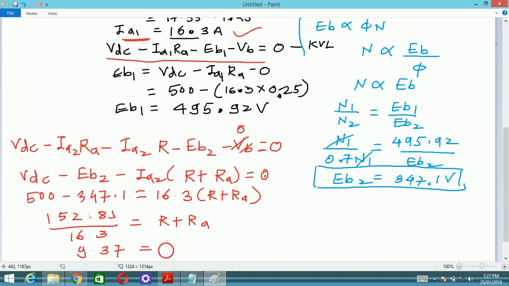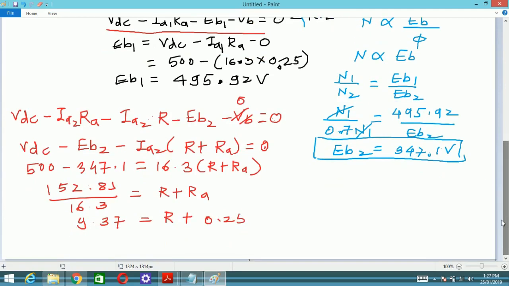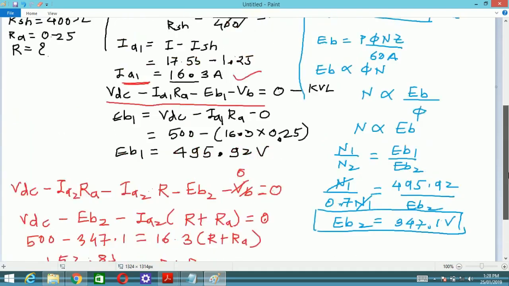Now RA is given as 0.25 ohm. If I perform the subtraction, I get the inserted resistance R equal to 9.1212 ohm.